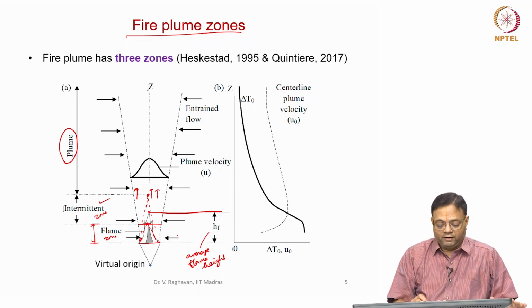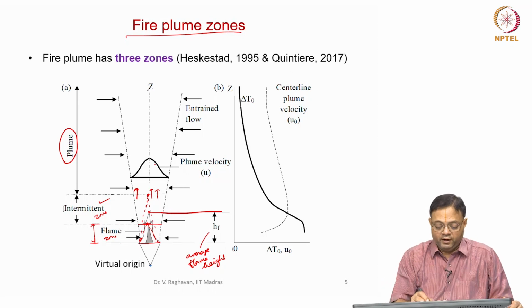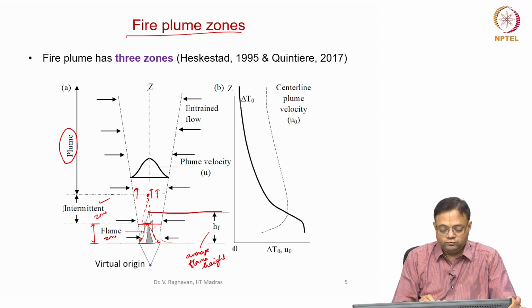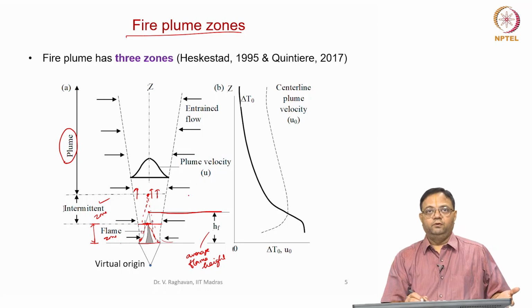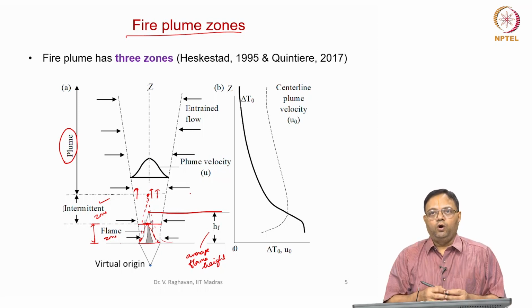You can see that the entrainment of gases from the ambient occurs at several heights. The entrainment is very strong in the flame zone, and in the plume zone the entrainment decreases because the temperature decreases as you go up.